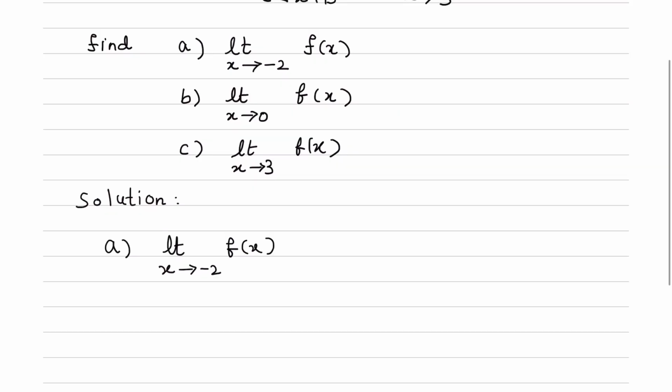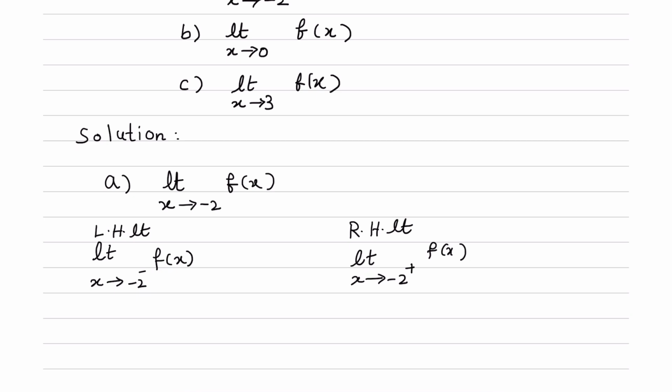So we will find the left hand limit at -2, and we will also find the right hand limit at -2. Let's talk about the left hand limit first. You are finding the limit when x is approaching -2 from the left of -2, and the right hand limit will be when you are approaching -2 from the right of -2.